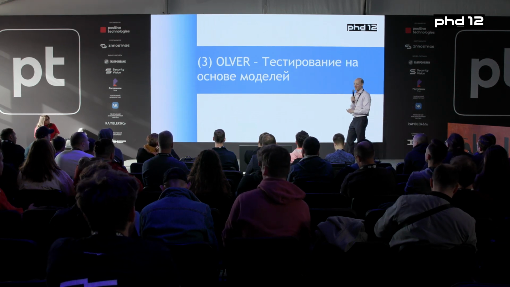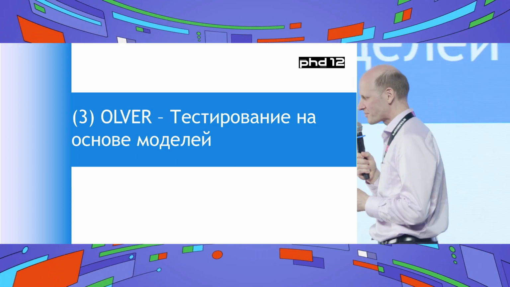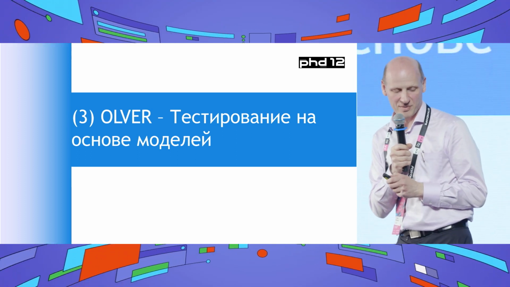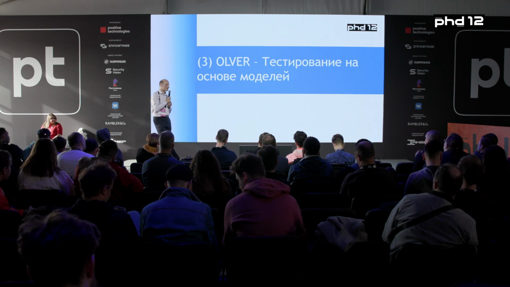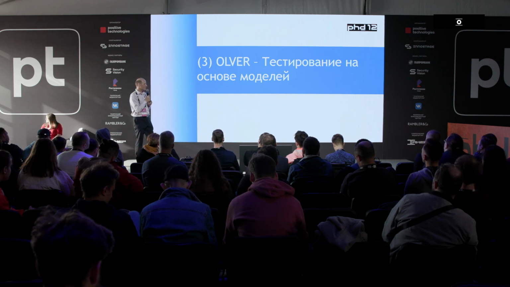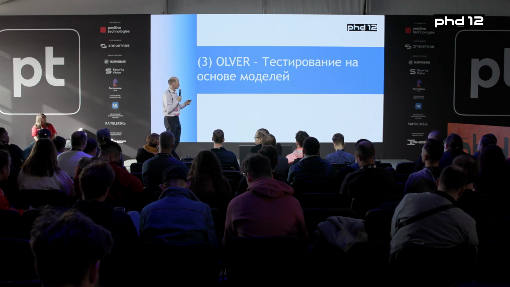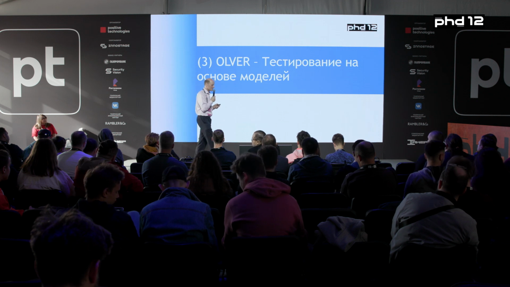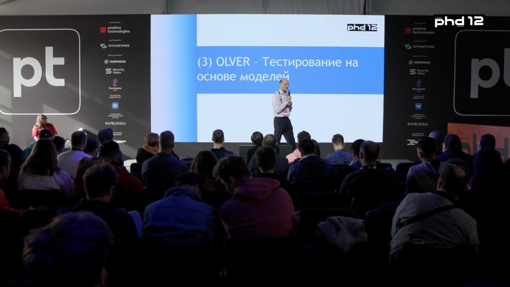So at this point, I would like to go to the third example of our experiments, and this is testing on the model basis, based on models. I'm not talking about the kernel exactly here. We tested here something which is described in the Linux Standard Base.